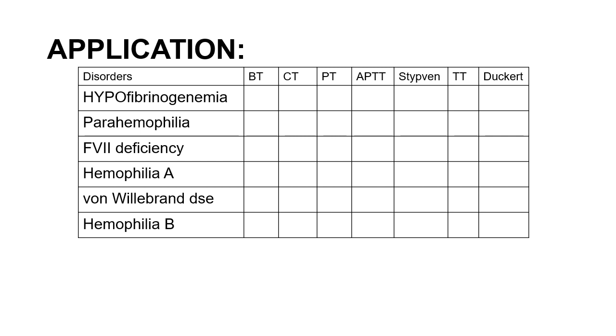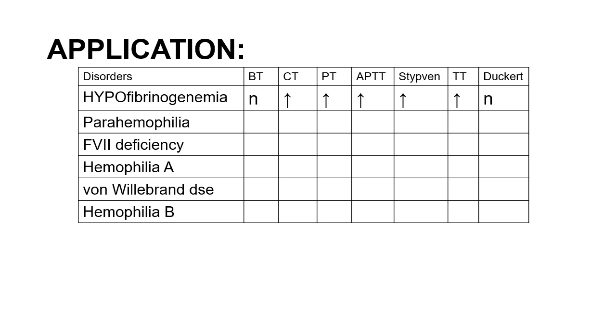So, analyze muna natin yung ating problem in each cases. Halimbawa, sa hypofibrinogenemia, no? Hypo means decrease levels of fibrinogen. May effect ba siya sa bleeding time, clotting time, PT, APTT, stiff vein, thrombin time, and Duchert's test? So, aralin natin yan. So, in BT, bleeding time, normal si hypofibrinogenemia.